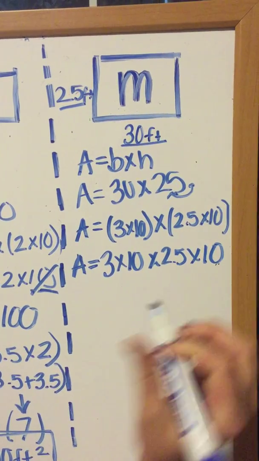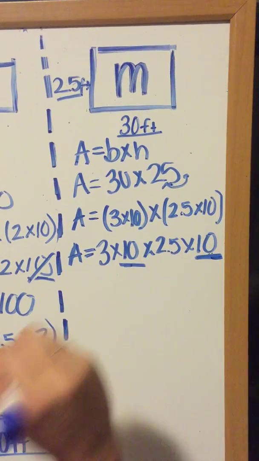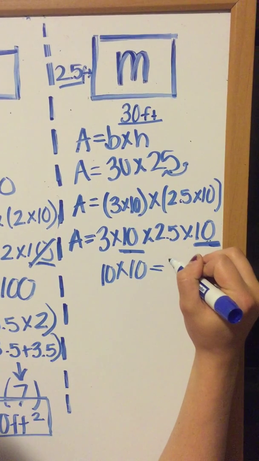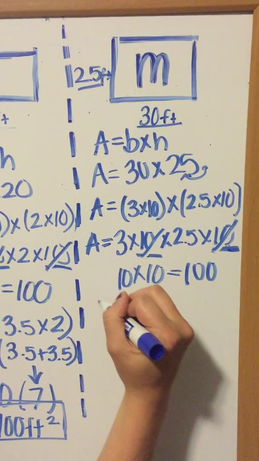Let's start with the tens again, the easiest numbers. And 10 times 10, like we did before, is 100. So we can cross those off.